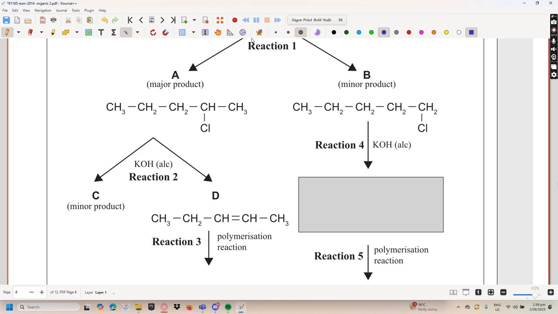Now the way to remember this is if you go from a haloalkane to an alkene, you need alcoholic potassium hydroxide. If you want to go from a haloalkane to an alcohol, you need a hydroxide but non-alcoholic. So it's reverse psychology, essentially. You get an alcoholic potassium hydroxide, you're going to create an alkene from your haloalkane.